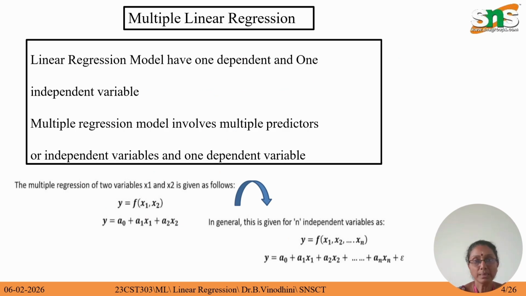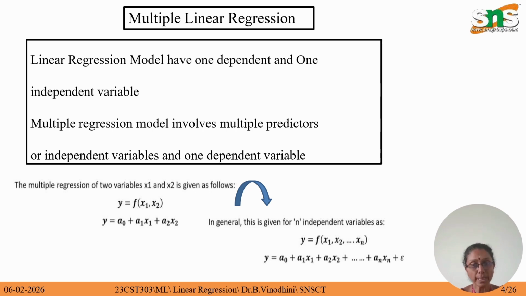Now we will see what multiple linear regression is. In simple linear regression, we have one independent and one dependent variable. In multiple linear regression, we have multiple independent variables and one dependent variable. For example, if you have two variables x1 and x2, the linear equation is y is equal to a0 plus a1 x1 plus a2 x2.